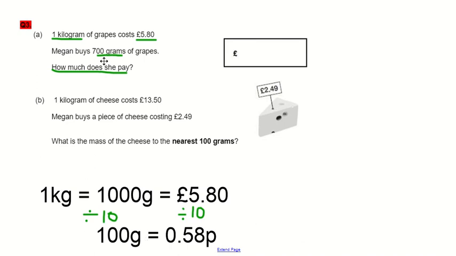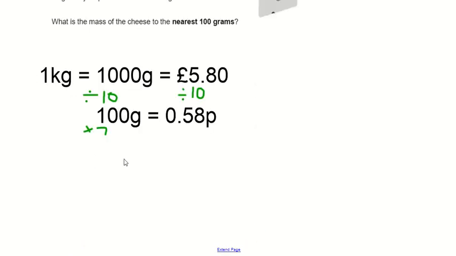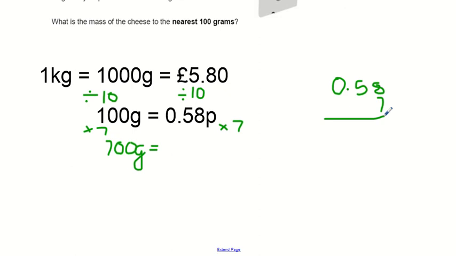But Megan buys 700 grams, which is 7 times larger than this. 100 times 7 will give you 700 grams. So if you had to multiply the weight, you'll also have to multiply the money. So you would do 0.58 times by 7.